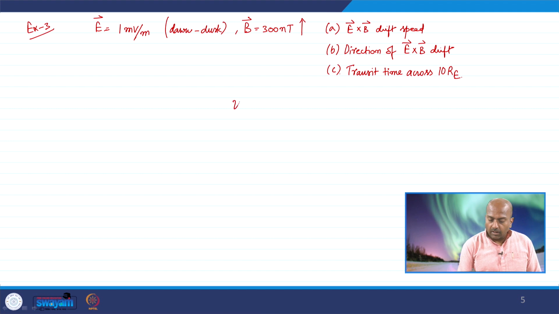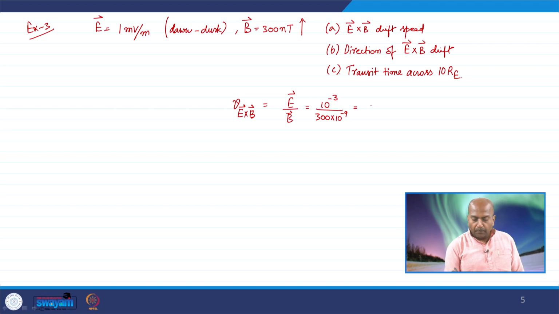So, we can write the E cross B drift as V E cross B is equal to E cross B by B square, or simply E by B, which is 10 to the power of minus 3 volts per meter divided by 300 nanotesla, 300 times 10 to the power of minus 9, which will give 3.33 kilometers per second.